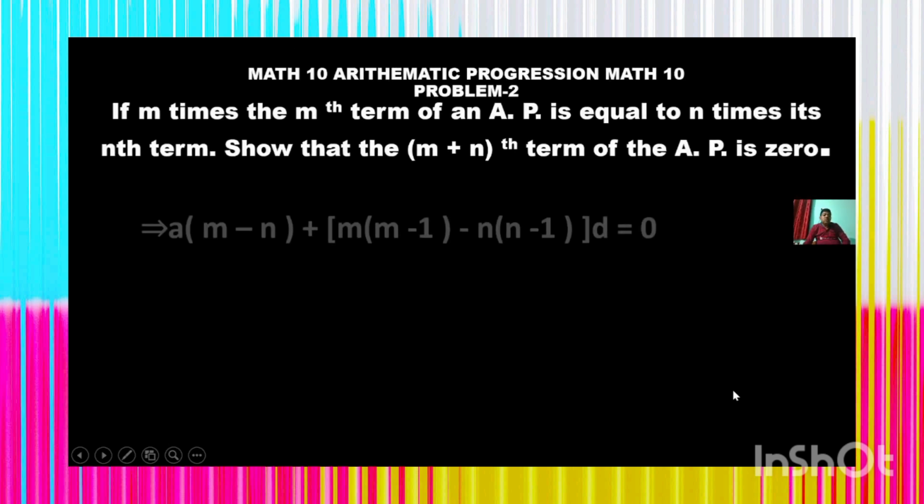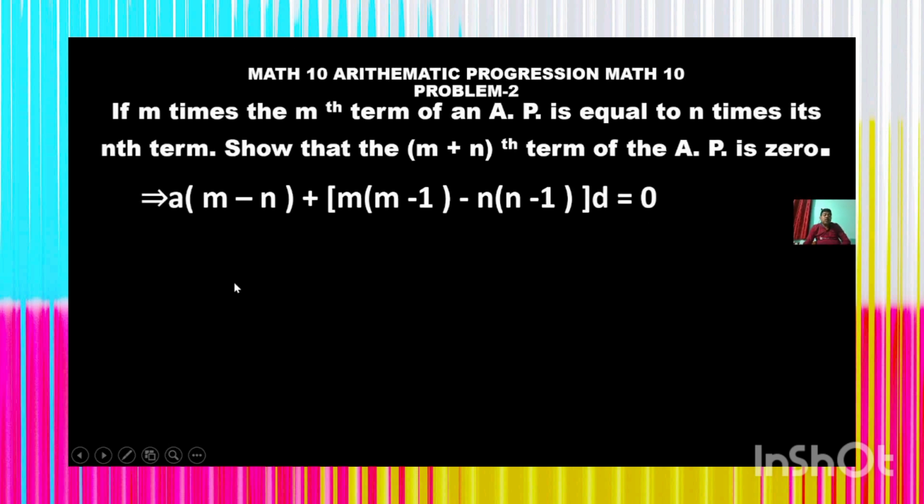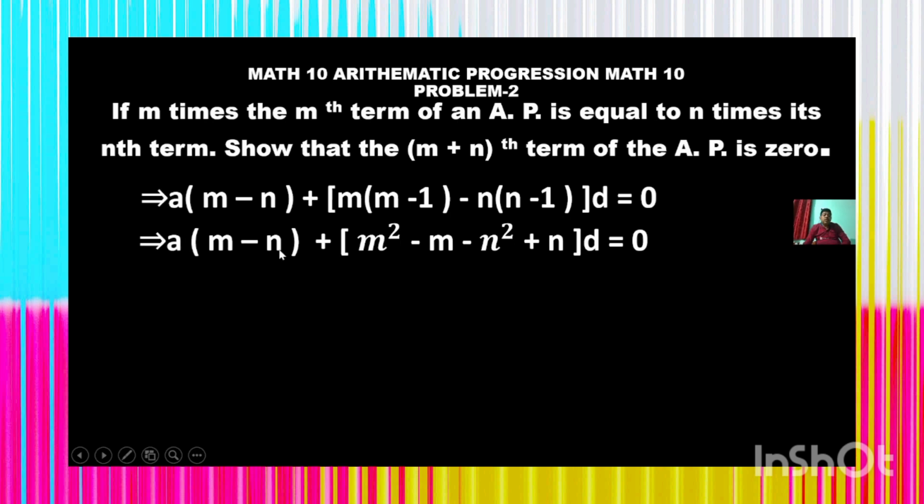So once again, see: a into (m minus n) plus, you multiply m, m multiplied with m is m square, minus m, minus n into (n minus 1). Again we multiply minus n into n, which is minus n square, and minus n multiplied with minus 1 is plus n, into d is equal to 0.